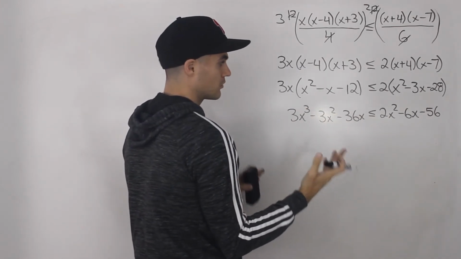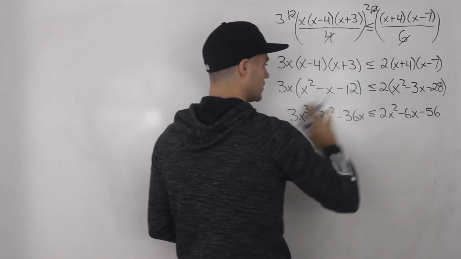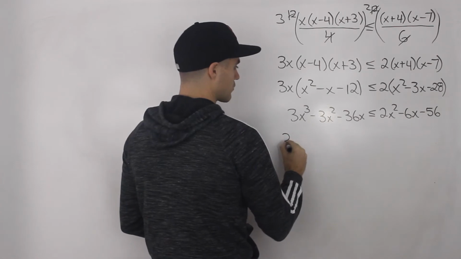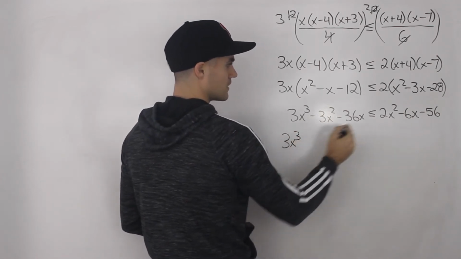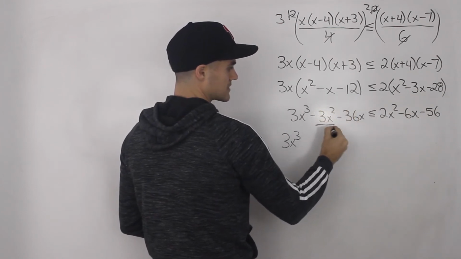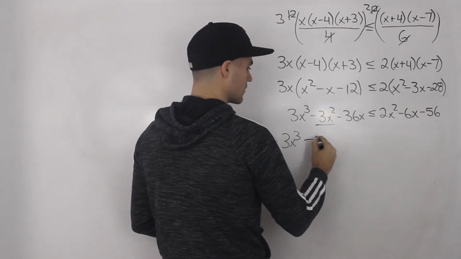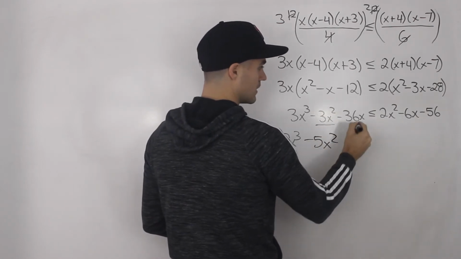So what you want to do is bring everything over to one side. So I'm going to bring all of these terms on the right over to the left side. So we got 3x cubed. Bringing this positive 2x squared over, it becomes minus 2x squared. And that's a like term with negative 3x squared. So negative 3x squared minus 2x squared, that would be minus 5x squared.